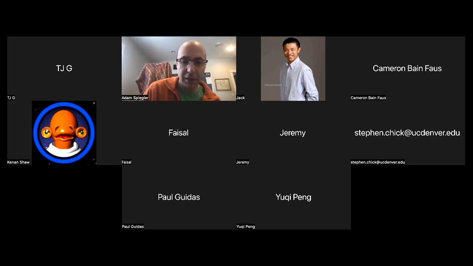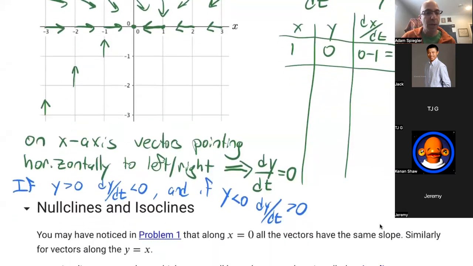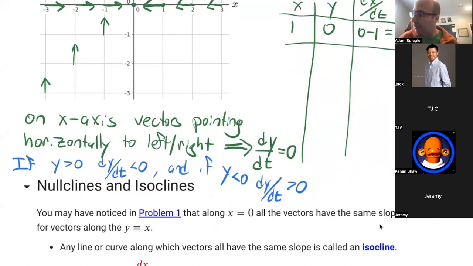Okay, and let me share some of these observations. Okay, so down here I have the first observation that on the x-axis vectors are pointing horizontally left or right, and that's because dy/dt is equal to 0 for all of those points.